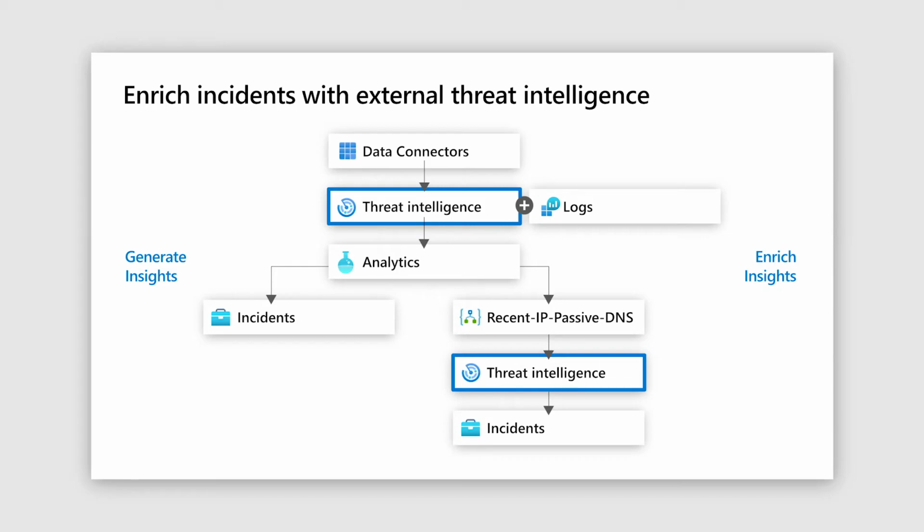And what that allows you to do is enrich those incidents at runtime, so that the very first time any of your investigators open up an incident to triage it, they're already going to see the information from RiskIQ's passive DNS right there in the incident. So they don't have to do any further research. They've already got that great information right there in line in the incident. It saves them a bunch of time in some of the steps that they would normally have to do each time an incident was generated.